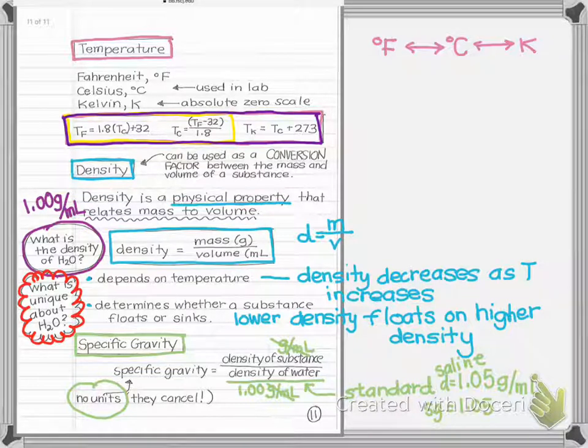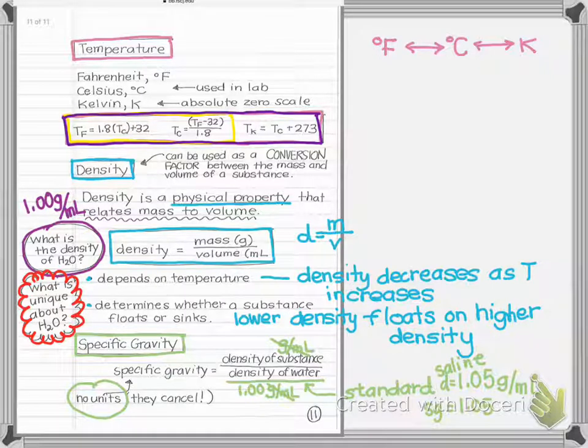Sometimes, if you work in a doctor's office, they use specific gravity. They measure the specific gravity of urine, and it's something called a urinometer. And so the specific gravity of a urine sample can check if a patient has some type of metabolic problems, because densities are physical properties.